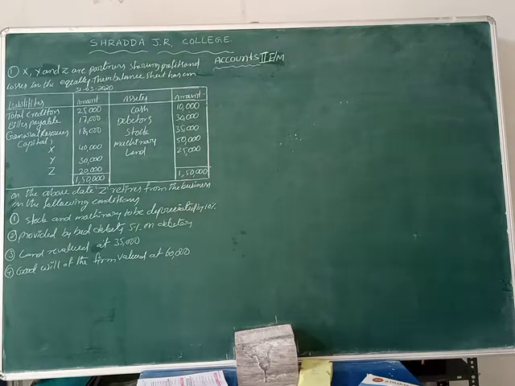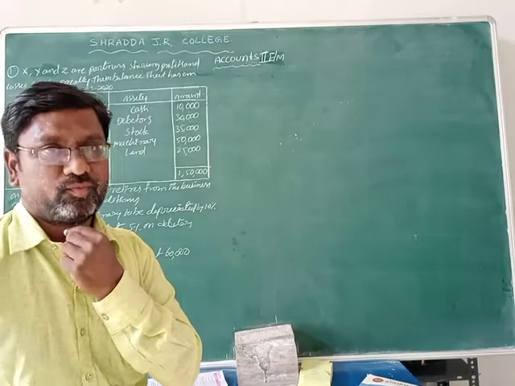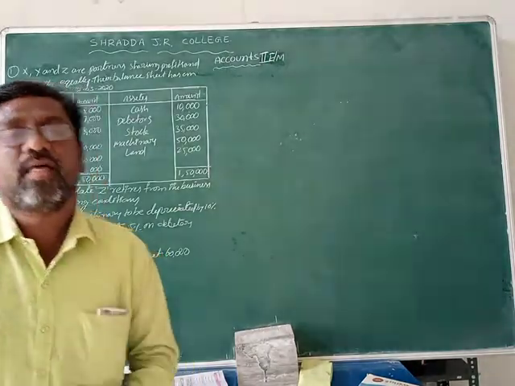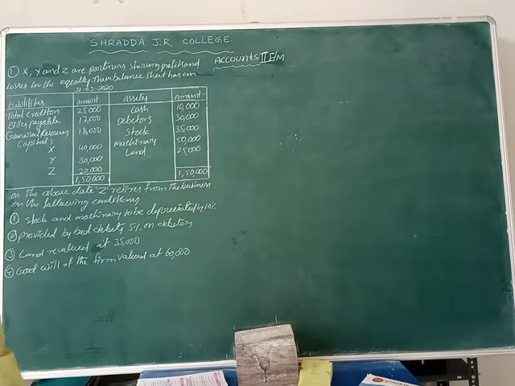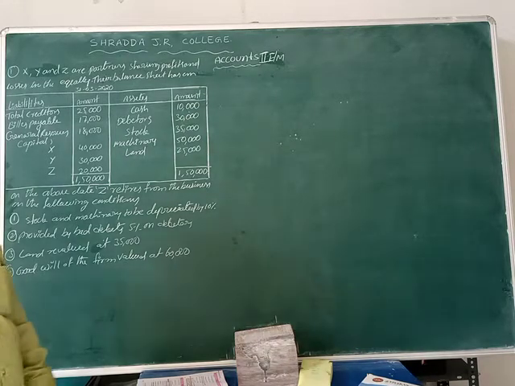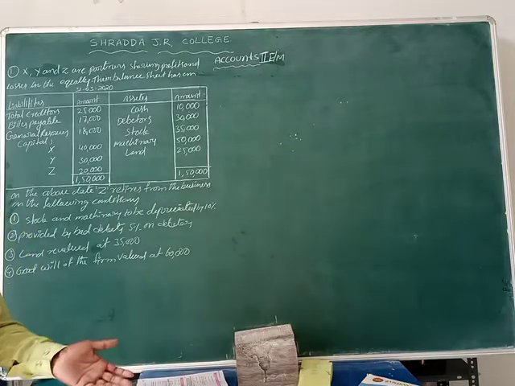Another one is the partner's loan account. The partner who goes out of the business can be given a sum of the amount, and for that partner we prepare a separate loan account, students. Finally we prepare a balance sheet as usual.